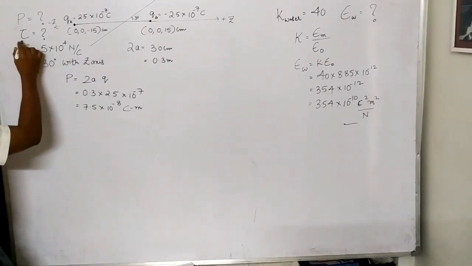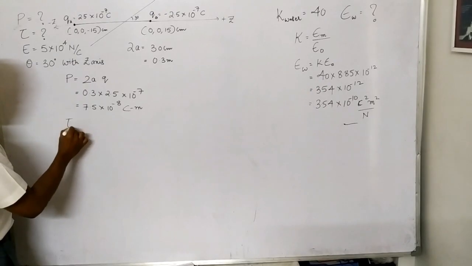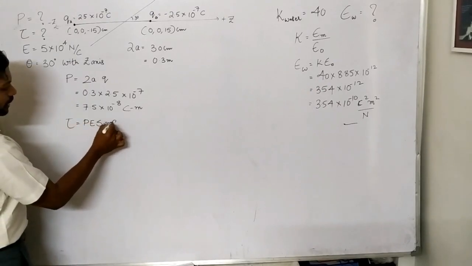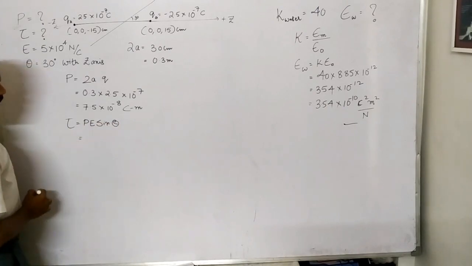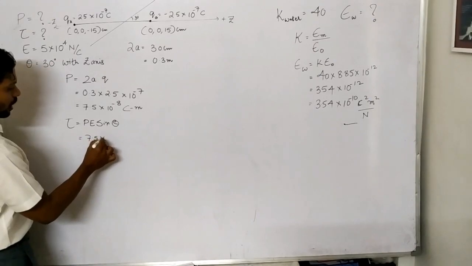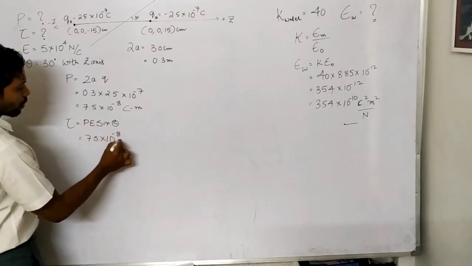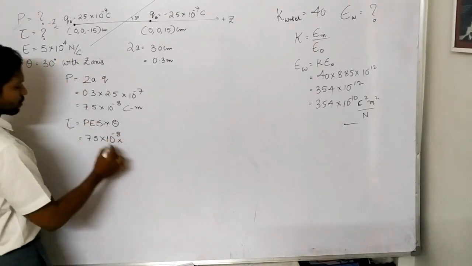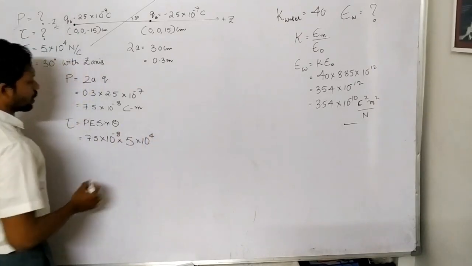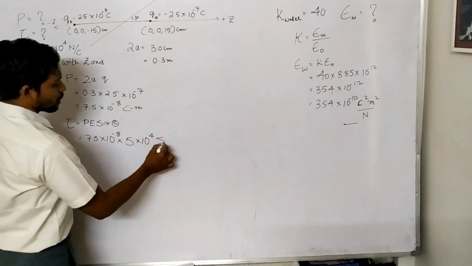Next we got to find the torque. Torque is equal to PE sine theta. Okay, P value is given 7.5 into 10 to the power of minus 8. E value is given 5 into 10 to the power of 4 and sine 30.